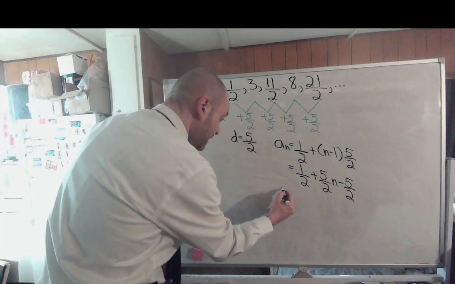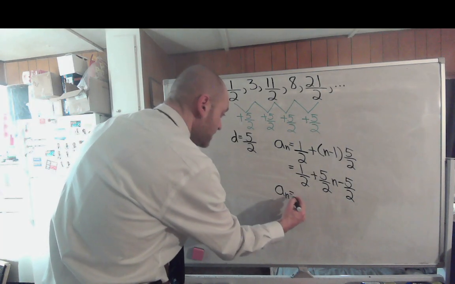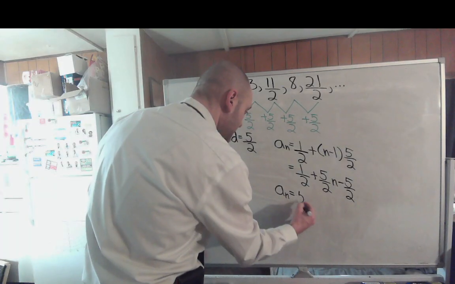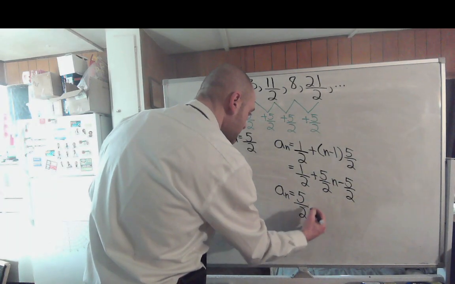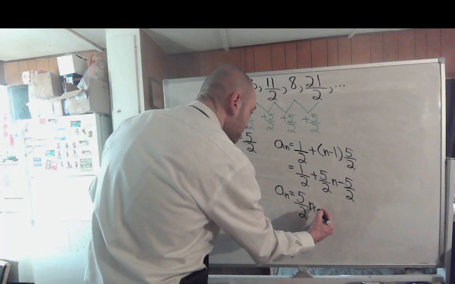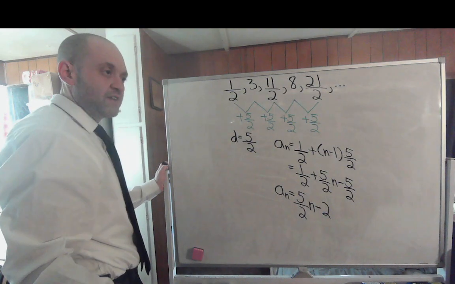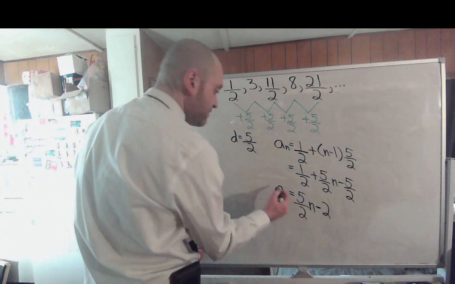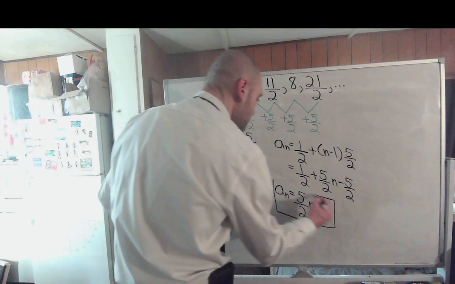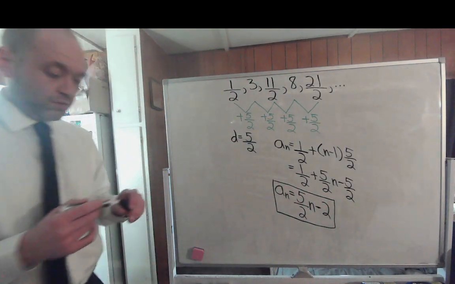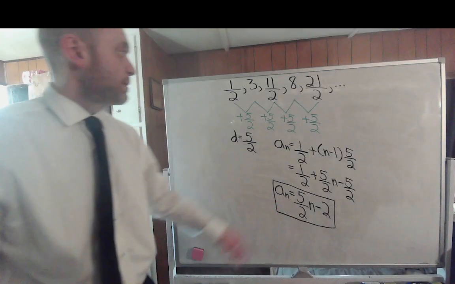So what you really end up getting here is a sub n equals 5/2 n minus 2, because 1/2 minus 5/2 is negative 4/2. This would just be 5/2 n minus 2. So that is the formula for the nth term of the sequence.